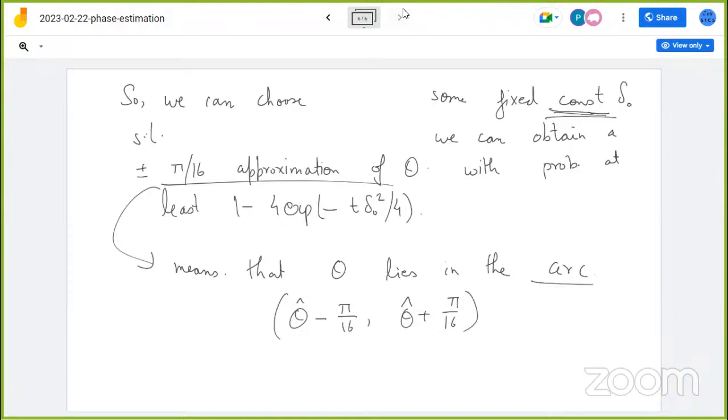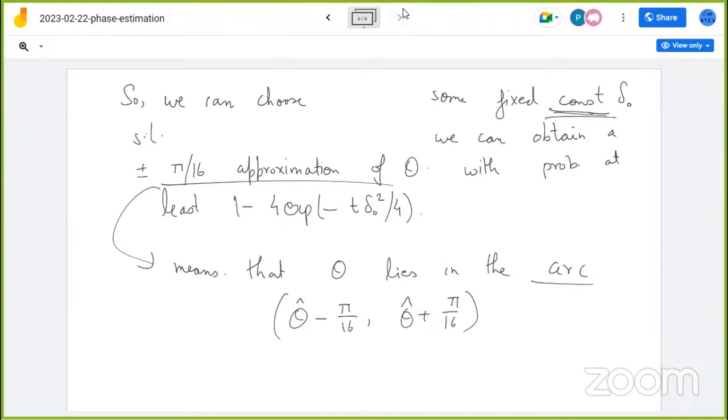So what can we do so far? In polynomial time in whatever the size of U is, we can get a constant approximation, like plus or minus pi by 16, with extremely high probability, 1 minus something inverse exponential.